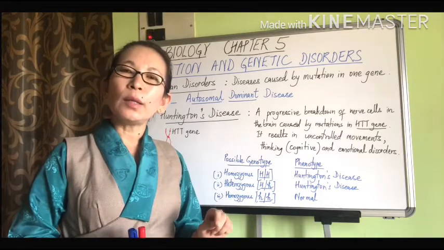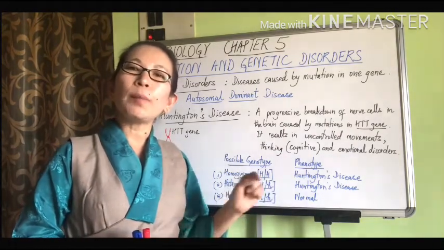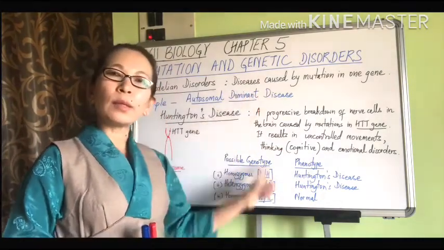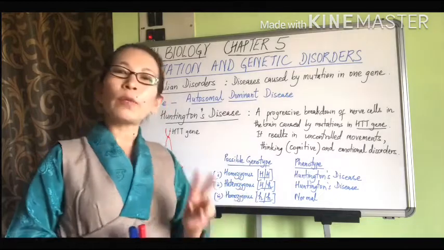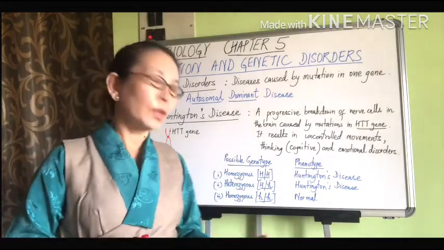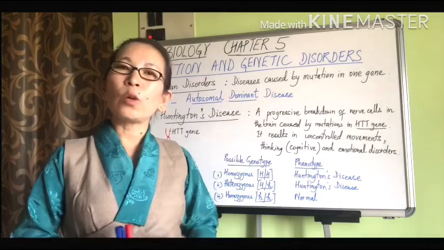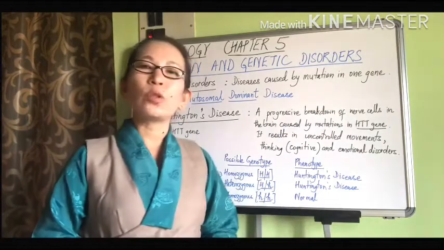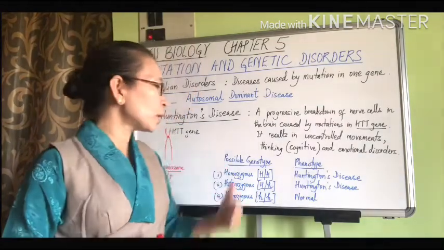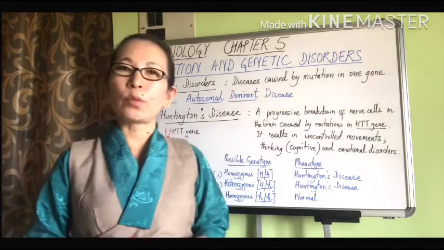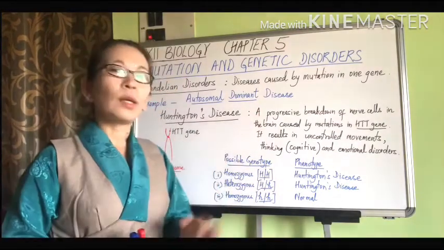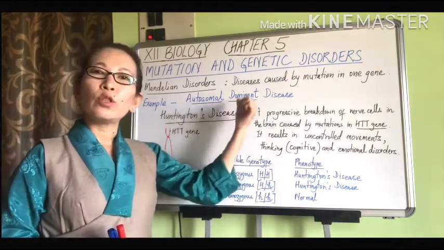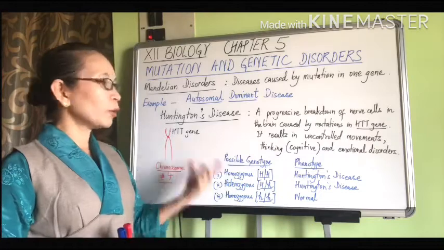The normal allele in the presence of Huntington's allele cannot express itself, and because of this, Huntington's is a dominant disease. Individuals who have 2 copies of the normal allele, small h and small h, are recessive and homozygous, so they are all normal individuals producing normal levels of Huntington protein. So this is a disease which shows the autosomal dominant pattern of inheritance in humans.